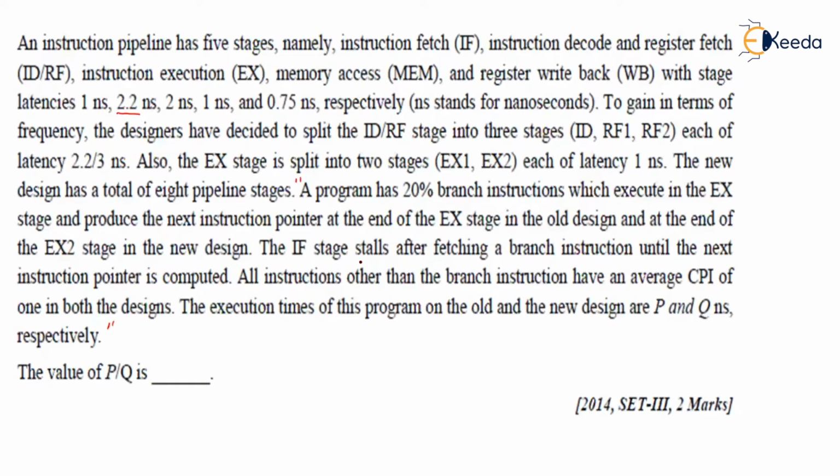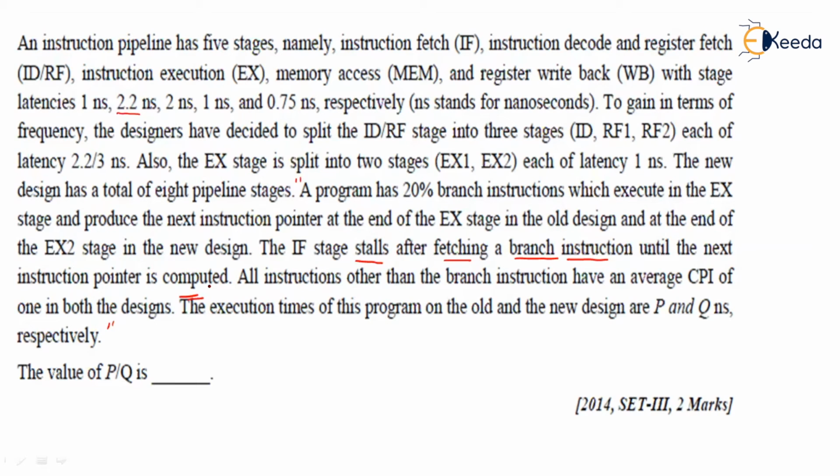The IF stage stalls after fetching a branch instruction until the next instruction pointer is computed. So if there is a branch instruction, the subsequent instruction will be stopped, because until the branch instruction is completely computed, we don't know what the next instruction is. So we need to calculate the stall cycles.